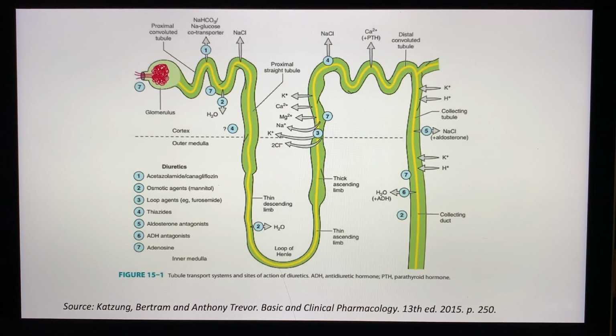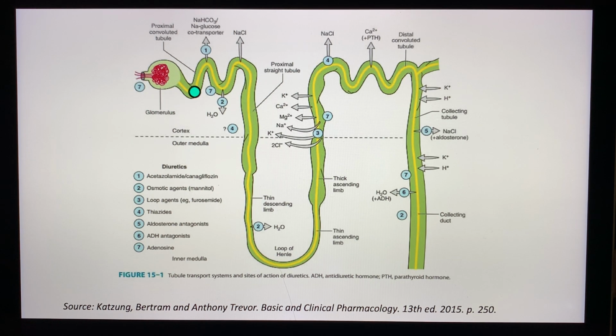Now, this is a very busy illustration lifted from the 13th edition of Katzung. However, we have to go through this. So we have here basically the entire structure of the nephron. We have the glomerulus.